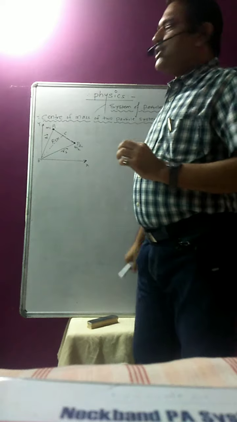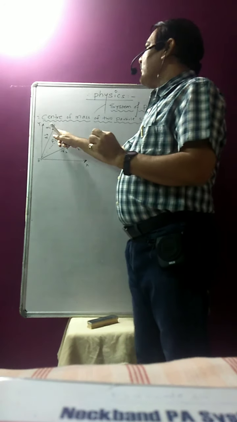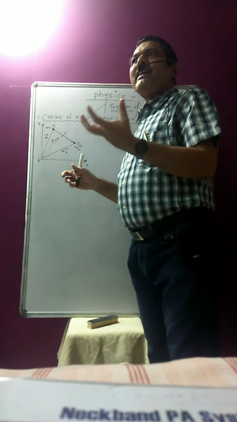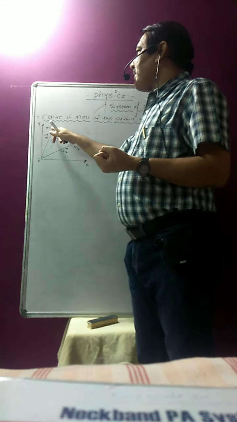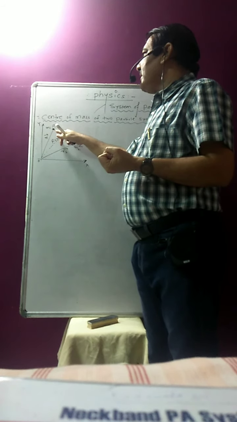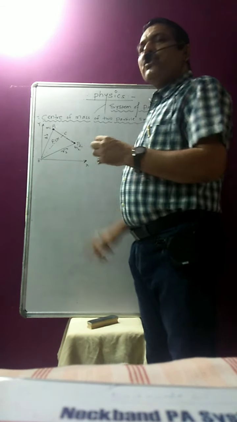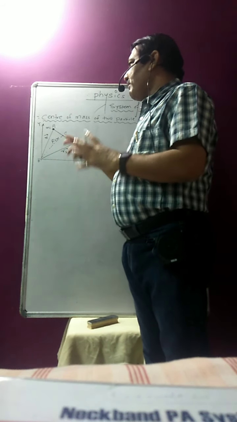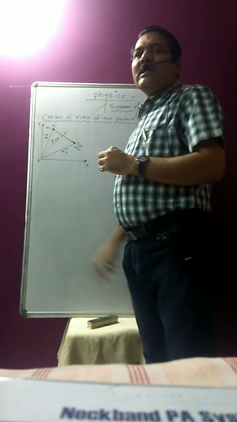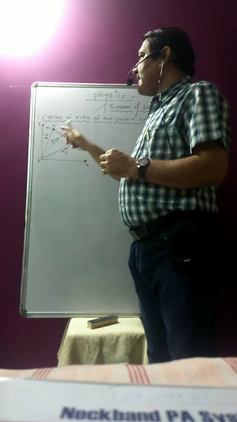Once you have got that, the system is made up of two particles, and these particles are joined with a straight line. So their center of mass must lie on that line. Therefore RCM will be the position vector of that center of mass.